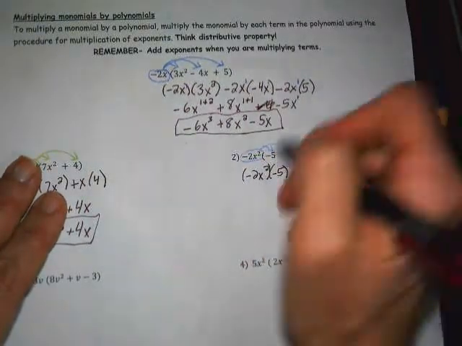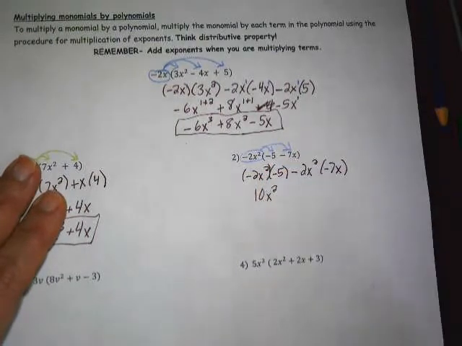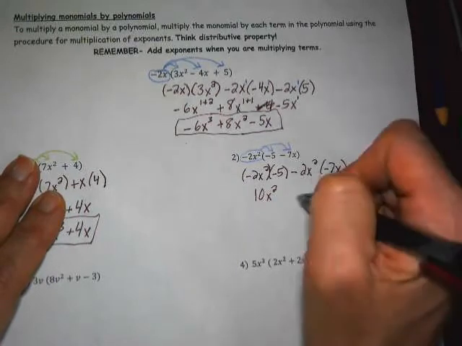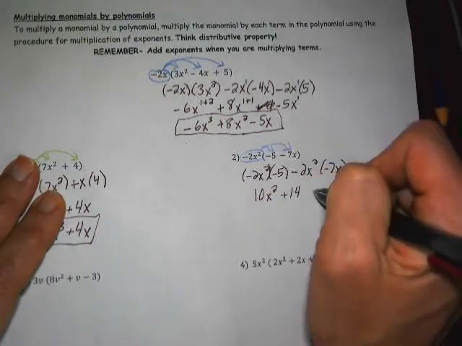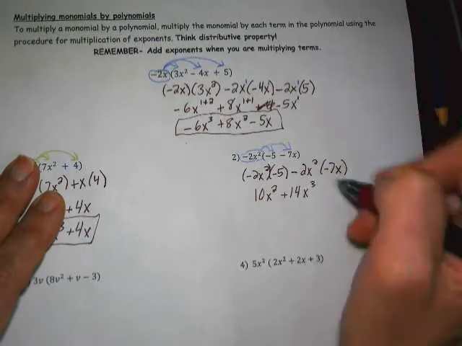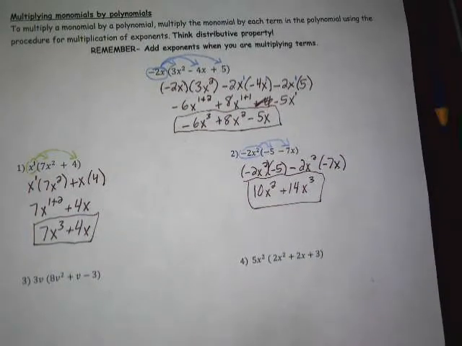Negative 2 times negative 5 is positive 10x squared. No x term on our 5. Negative 2 times negative 7 is plus 14. X to the 2 plus 1 is x to the third. 10x squared plus 14x to the third.